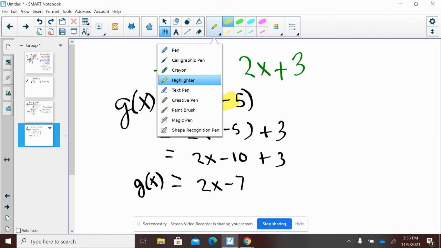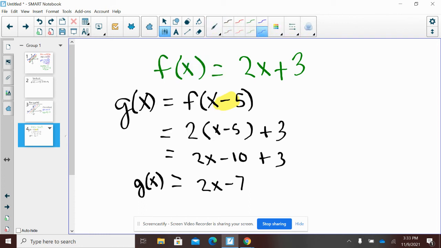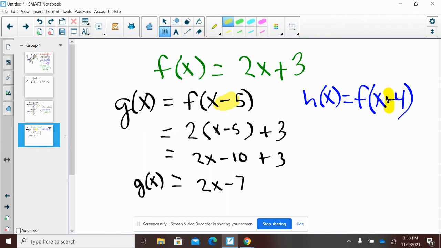If I had h of x is equal to f of x plus 4, that would tell me that my original function f of x is now shifted 4 units to the left. And again, what indicates that is this plus sign here. Plus means it's going to go in the negative direction, while minus means it's going to go in the positive direction.